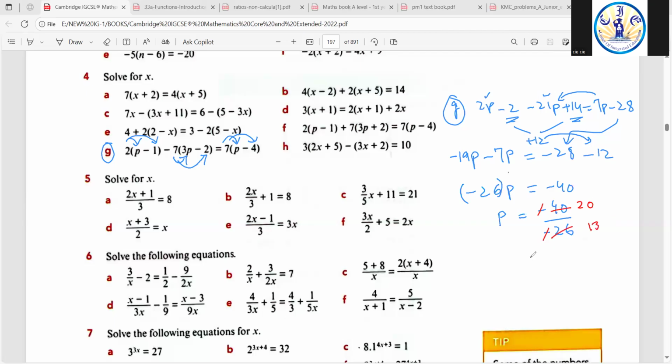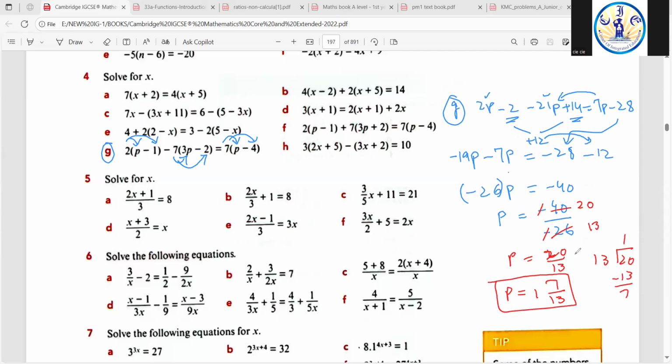Okay, 20 divided by 13, or you can further divide them to have the answer in a proper fraction as well. The answer could be 1 whole 7 by 13, or even you can give the answer in decimals. So all of them are correct.